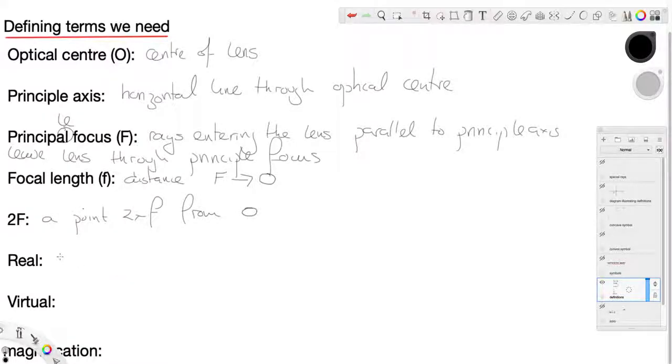A real image is one where rays of light actually meet to form it.